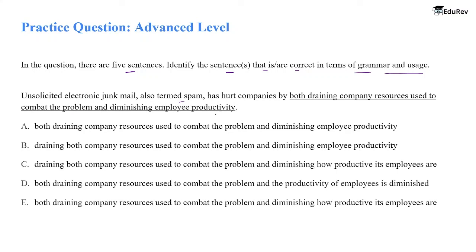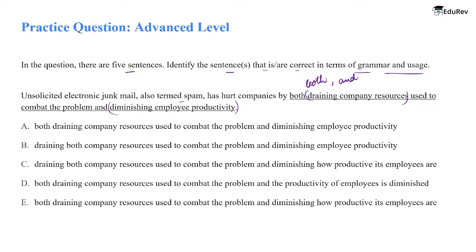Now we know we are using conjunctions, that is both, and with both we use and. But here just read the sentence. Has hurt companies by both draining company resources. This means we are talking about draining company resources used to combat the problem and diminishing employee productivity.